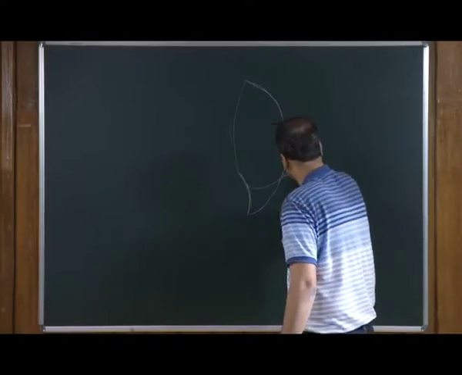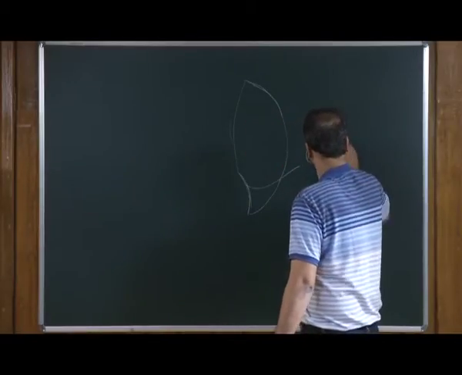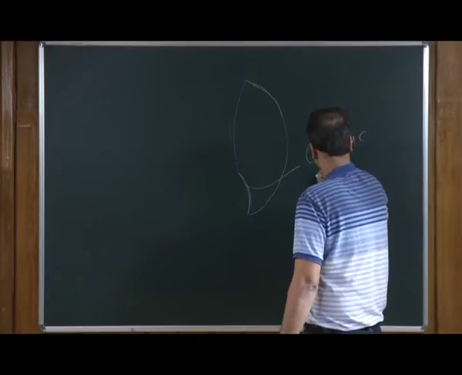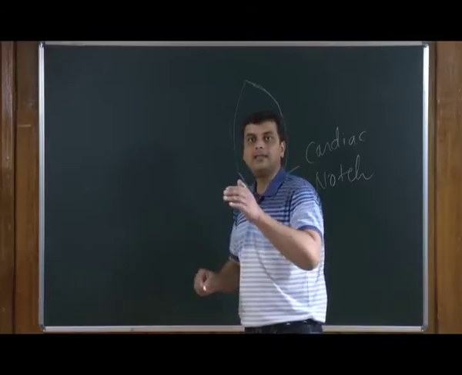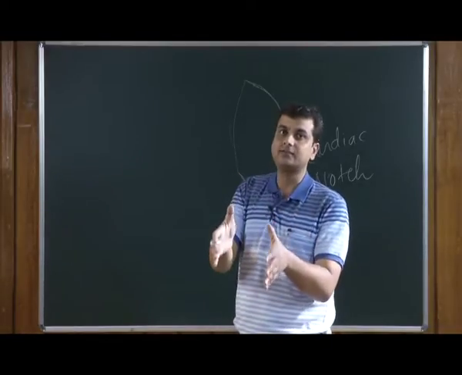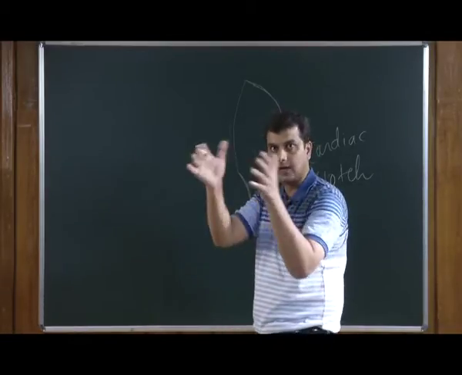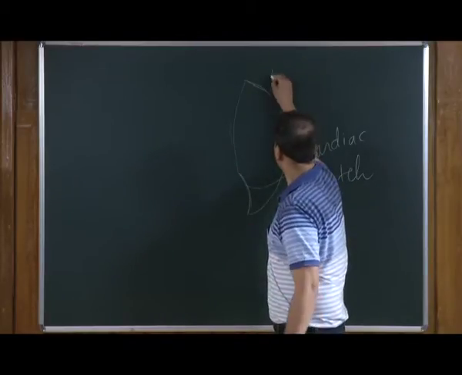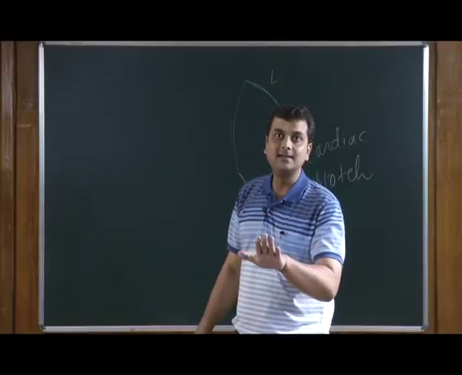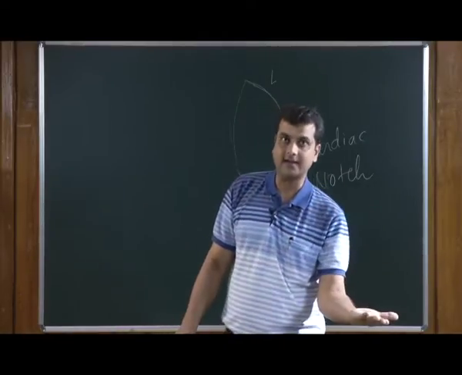We discussed that this is called the cardiac notch, and it is the area that can give access to the complete heart. Because of this depression, the size of the left lung is slightly smaller as compared to the right lung.